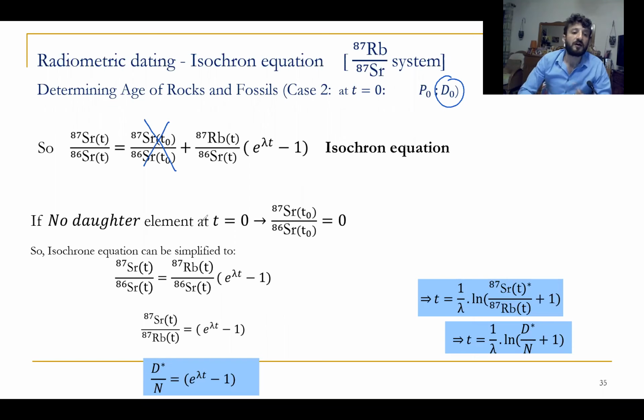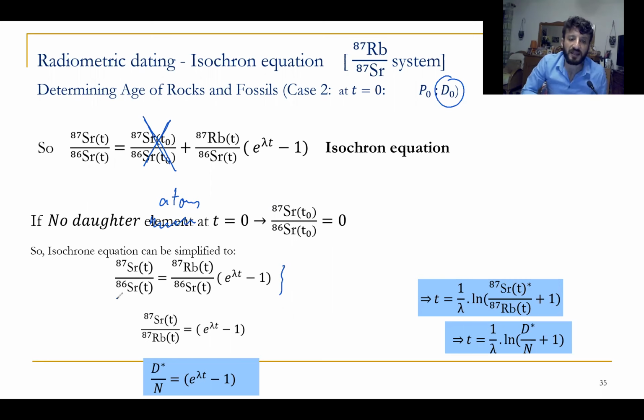If there are no daughter atoms at T0, we can eliminate this term and get a new equation.